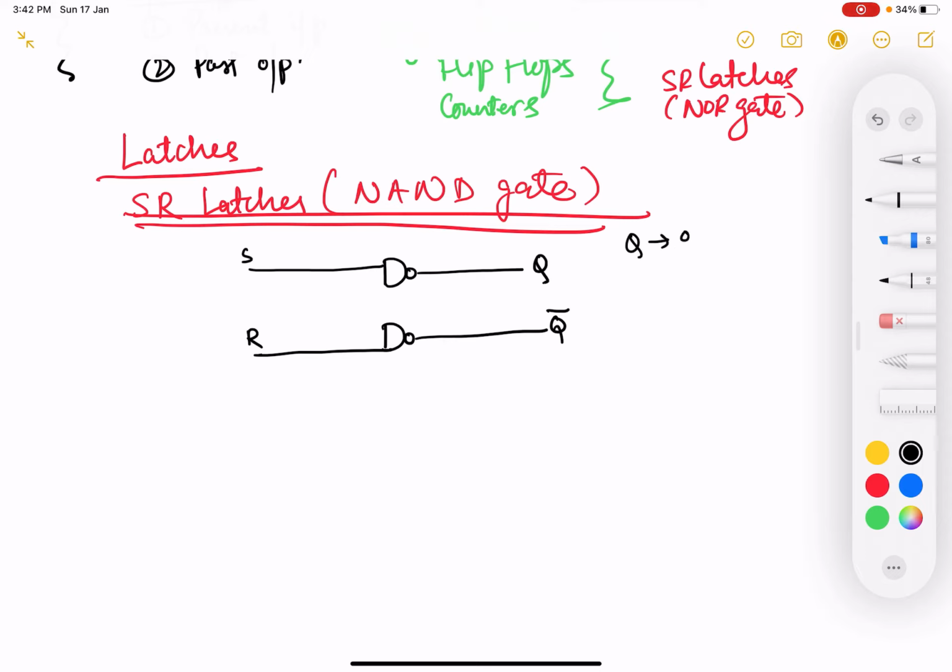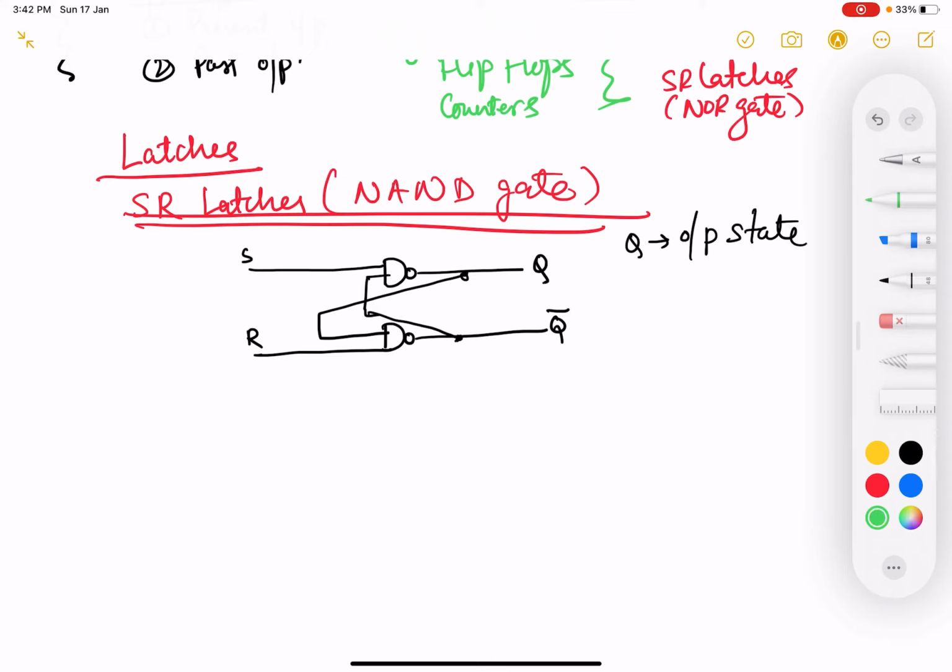Q is the output state, hence Q bar is the complemented form of the output state. The output is fed back to the input NAND gates like this. This way we have the feedback in our SR latch.